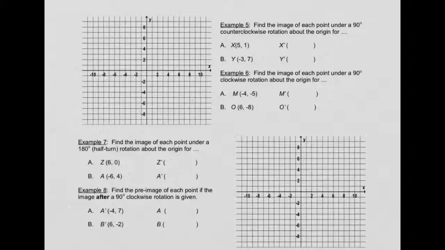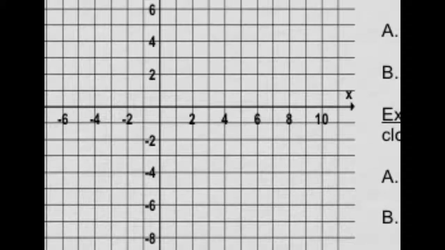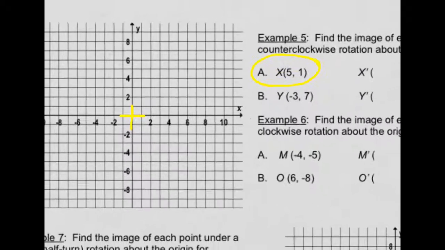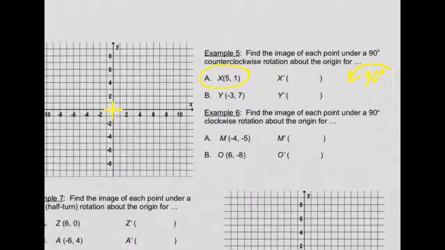So here are my hints for number 5: we're doing counterclockwise, 90 degrees, where the point of rotation is the origin, and we start at 5, 1. So go ahead and try that.